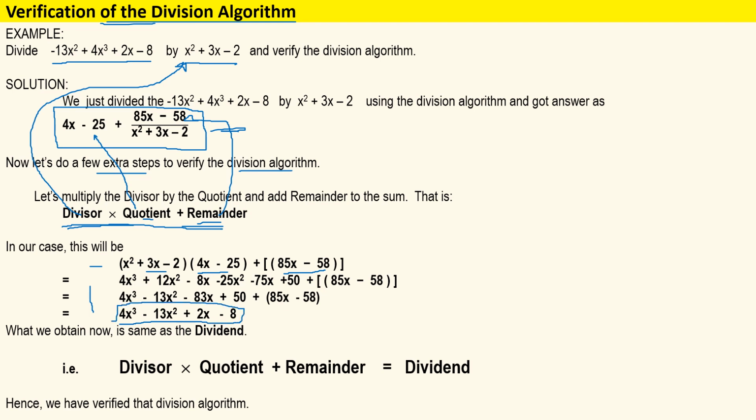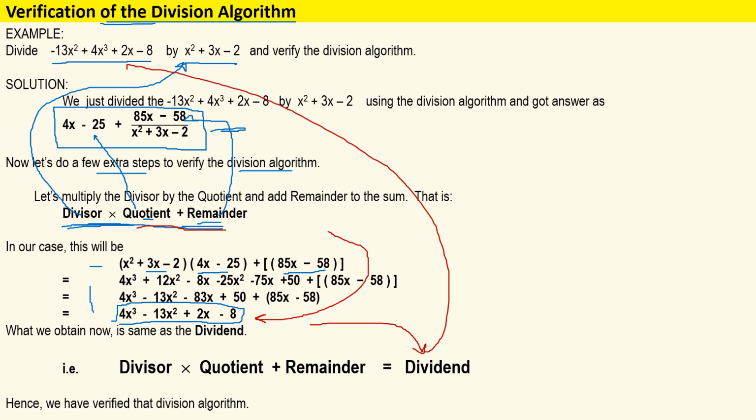That is, when we multiplied the divisor by the quotient and then added the remainder, we got in our example 4x cubed minus 13x squared plus 2x minus 8, which indeed is equal to the dividend, because we were given the dividend as minus 13x squared plus 4x cubed plus 2x minus 8.